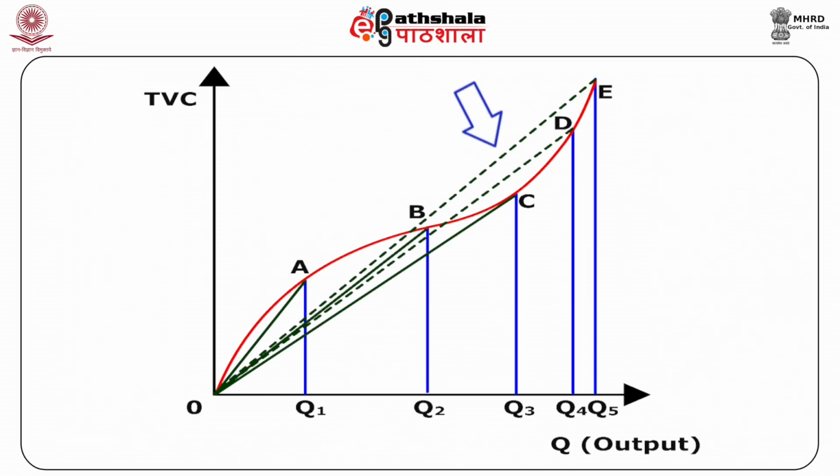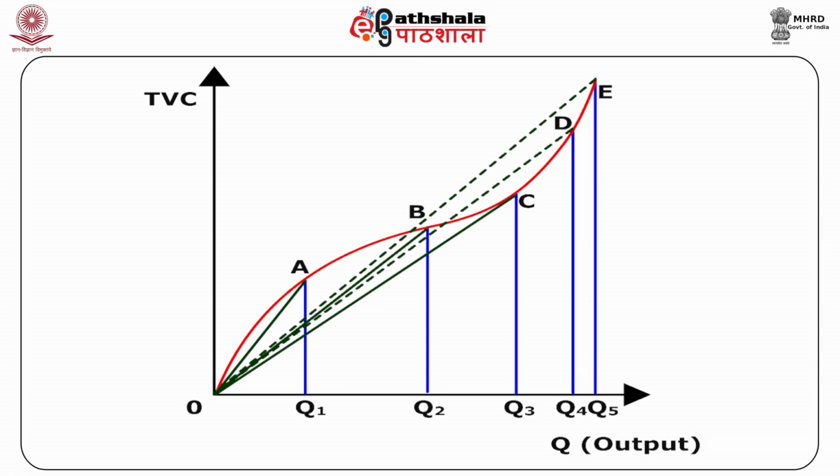At C it goes down further, but after C there is a point of inflection, where at D and E the average variable cost increases because the slope of the ray from the origin increases further.